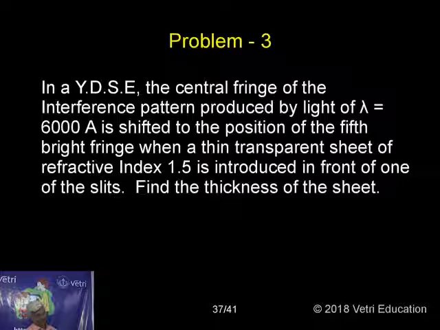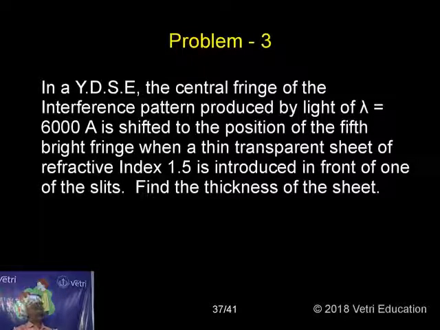Find the thickness of the sheet. I already gave this in the discussion. If any one of the slits is closed, we do not get any interference pattern, only uniform illumination on the screen.